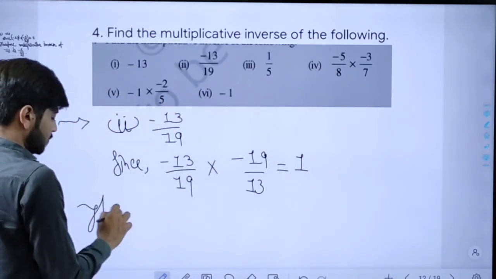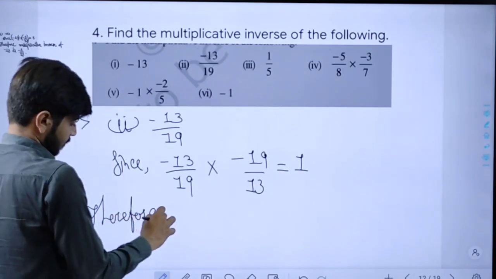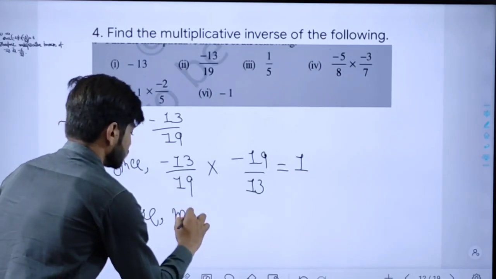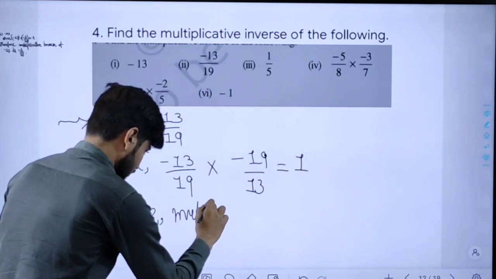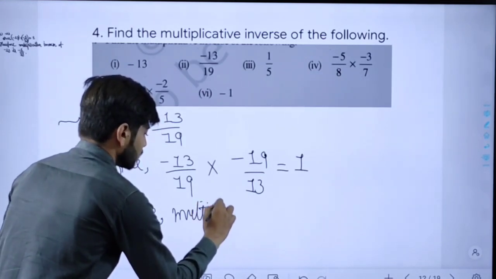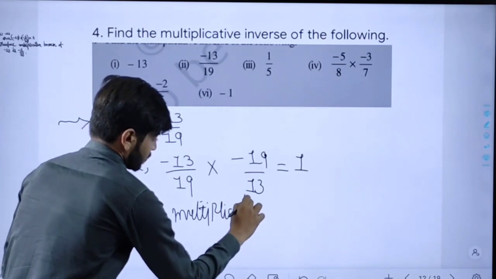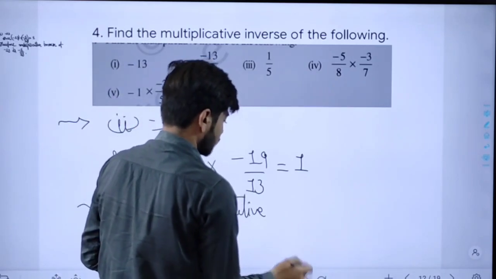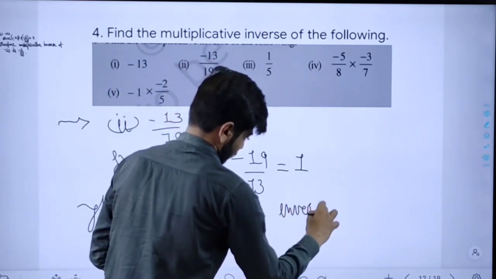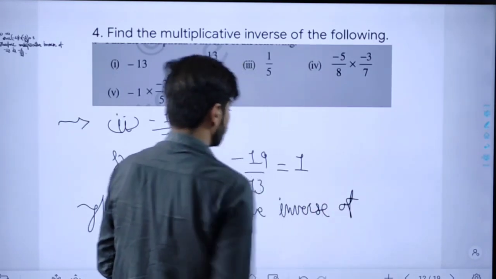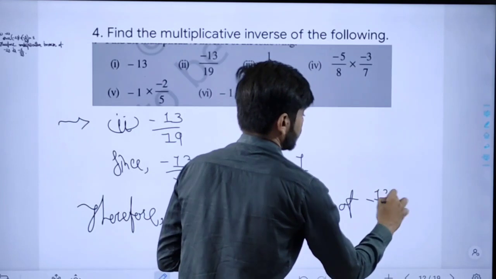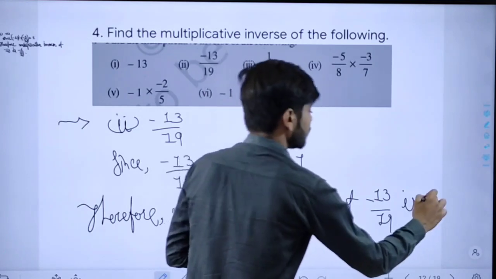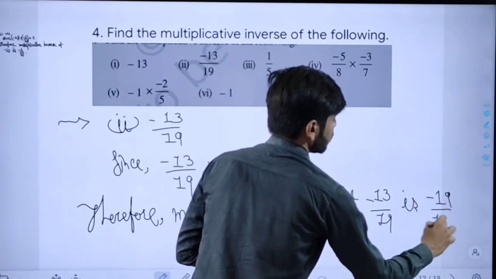Therefore the multiplicative inverse of minus 13 upon 19 is minus 19 upon 13.